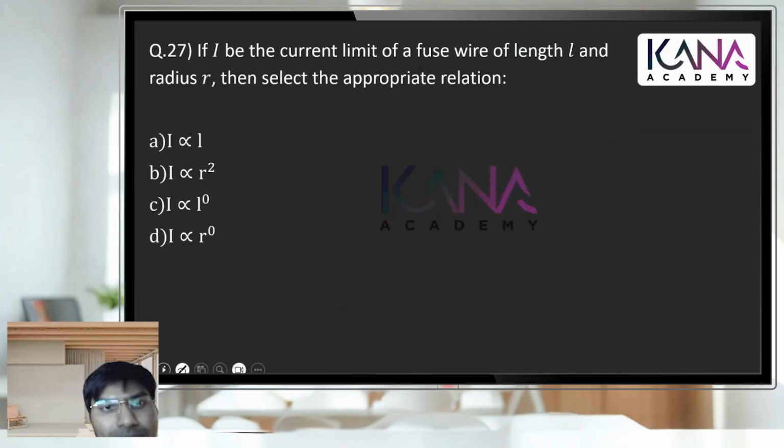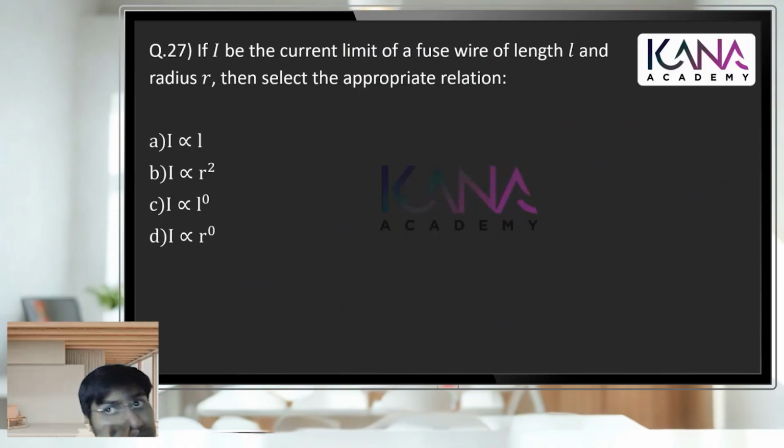Okay. Another question. There is a fuse wire with current limit I, which depends on length L and radius A. Then select the appropriate relationship.